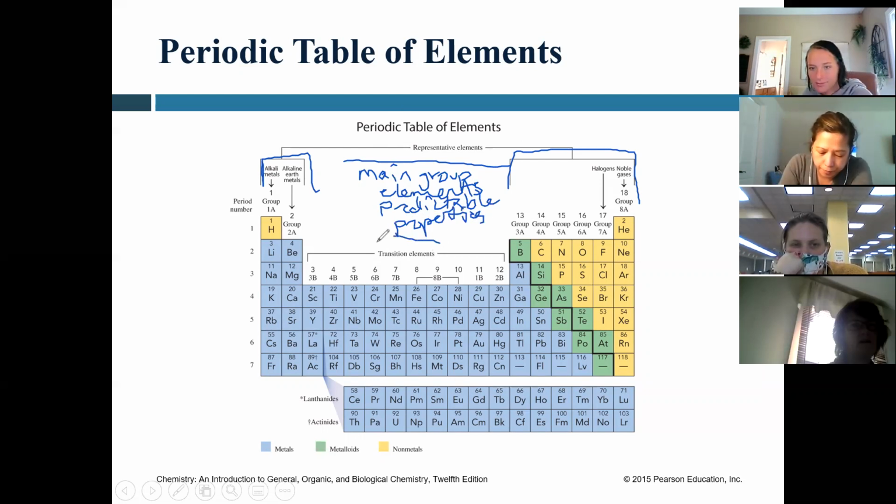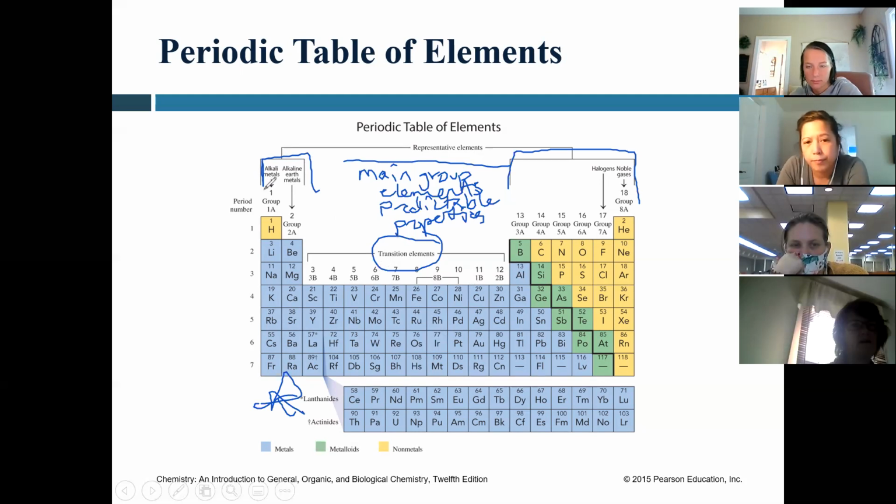In the middle here, and this middle also includes the lanthanides down here, these are known as transition elements. They are much more varied, specifically in the charge that they can produce. So these have predictable charges. These guys have unpredictable charges. And we'll talk about charges in a little bit.